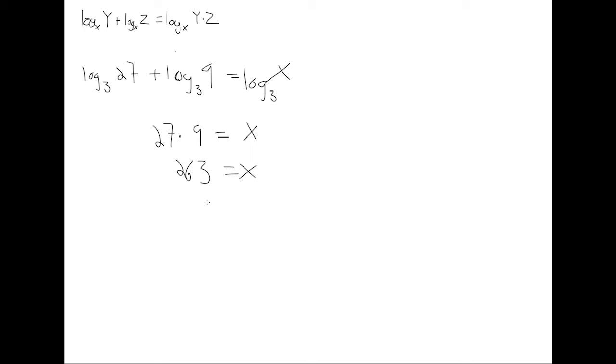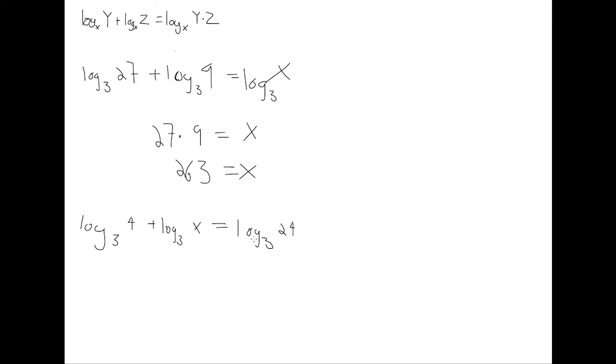Okay, let's do one more. Say we know that log with a base of 3 of 4 plus log with a base of 3 of some number x will equal log with a base of 3 of 24.